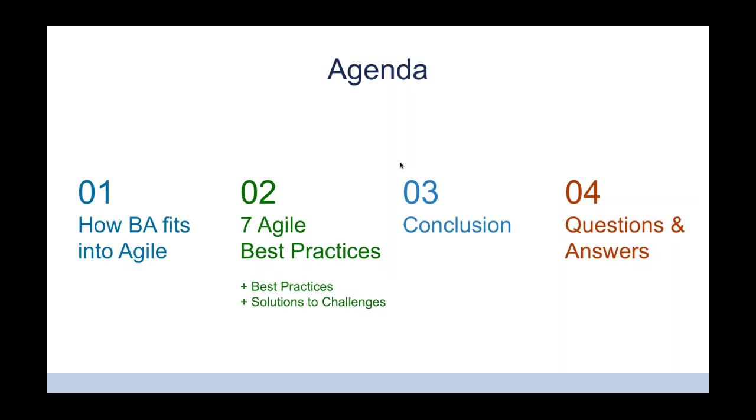Then we will move to the core of our discussion by exploring the 7 Agile best practices for BAs. The discussion is organized into best practices, but also challenges that you should be aware of, and the way our customers and also our teams, because Polarian follows the Agile methodology, have been able to address those challenges. At the end, after our conclusion, we will have about 10 minutes for a Q&A session. So yes, please, anytime, just use the Q&A panel to fire the questions.